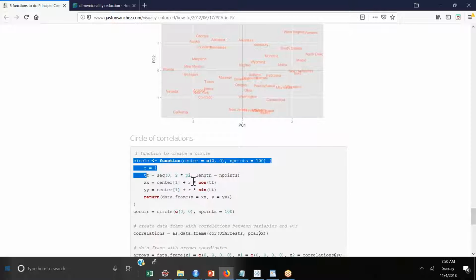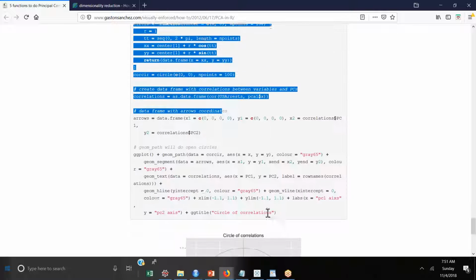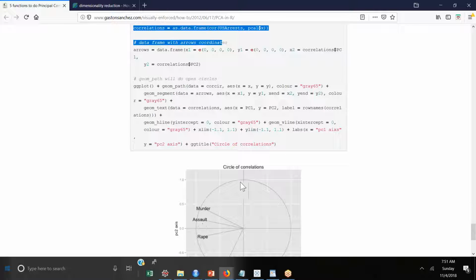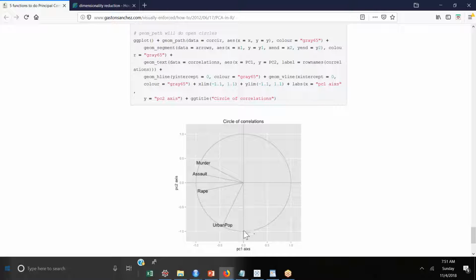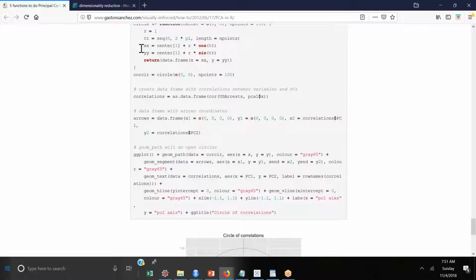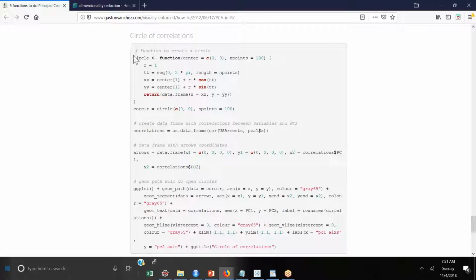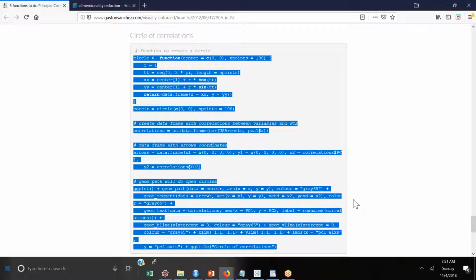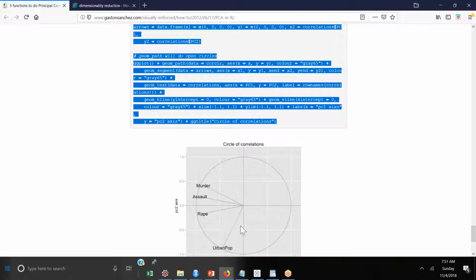There is a function here, this guy is writing the function to find the correlation, and the correlation should be plotted in a circle only because it is always between -1 and +1, in both directions. So it is going to be a circular coefficient. We have to do a little bit of transformation, and that's what is happening here, circular correlations, and that gives you an idea about where the original weights are going in these 2 dimensions. Everybody gets it? You can run this and you can get it.